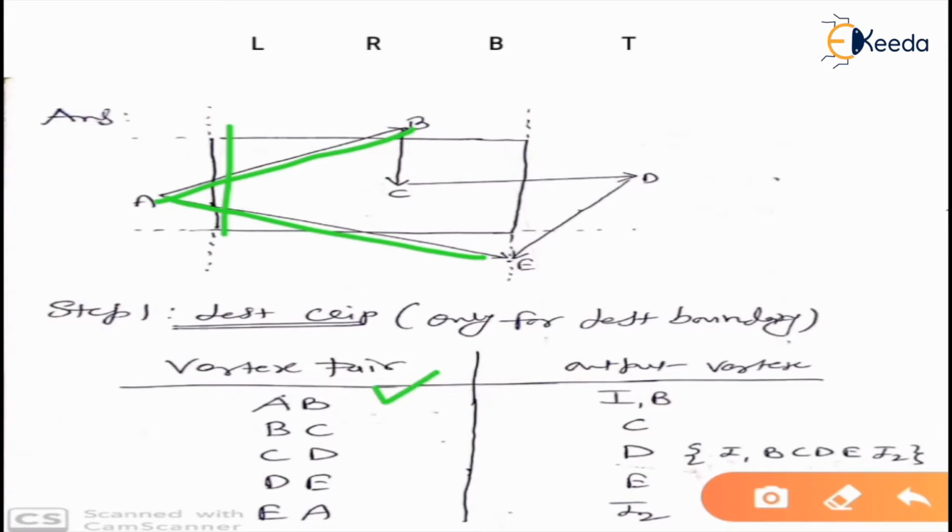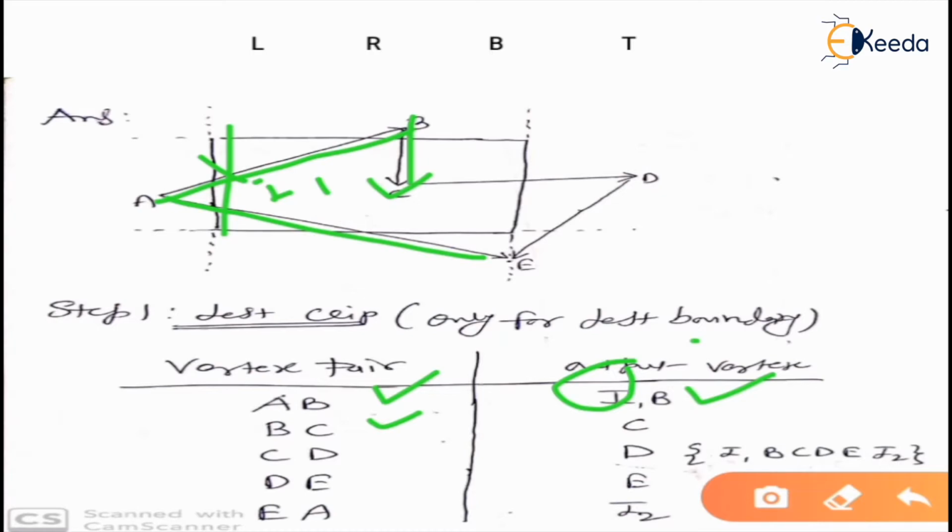In AB, this is intersection point I1. In this case, when we are going from out to in, we store the intersection point and the second point, the end point. For BC, when we are going in, we store only the second point.